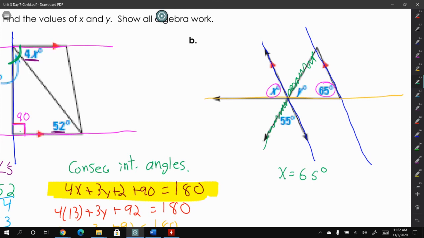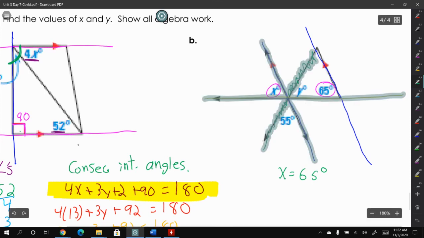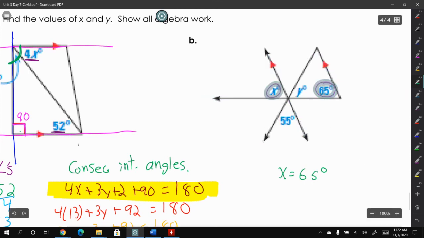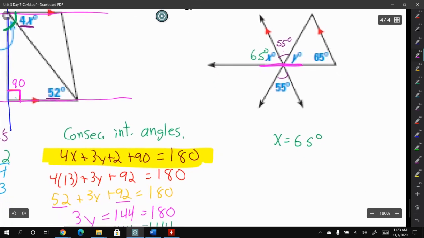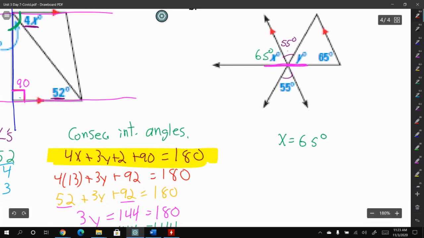Now I'm going to erase those things. So this is 65 degrees right here. We know that we have vertical angles right here, so this is 55 degrees. And then this is a straight line. So these three angles, x, 55, and y, should equal 180.